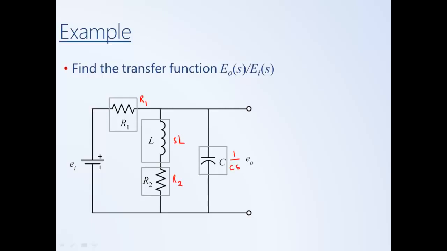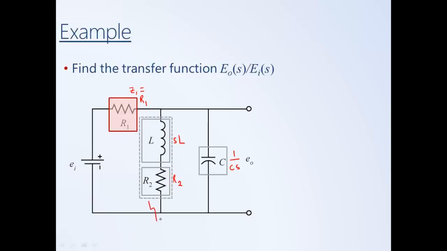We then want to simplify this, and we can use these properties of how to find the equivalence of components in series and in parallel. We'll go ahead and define this resistor to have impedance Z1. These two components, the inductor and the resistor R2, are in series.